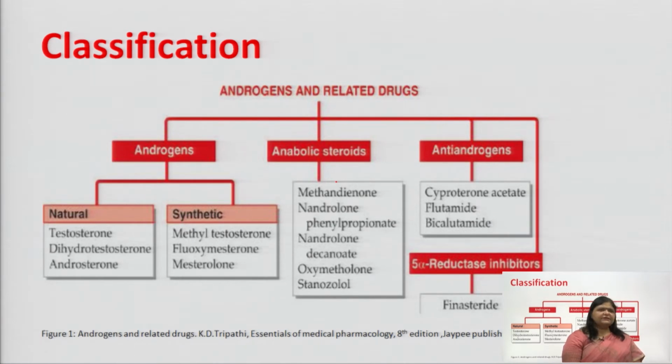The androgens can be natural ones or synthetic ones. Natural ones include testosterone, dihydrotestosterone and androsterone. Synthetic ones include methyl testosterone, fluoxymesterone and others.